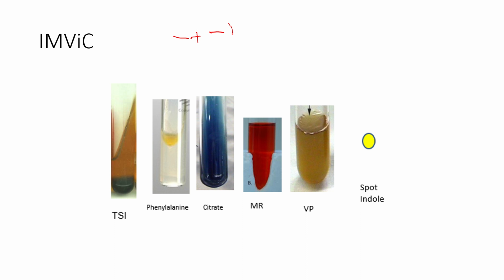So our IMViC score is negative, positive, negative, positive. Our phenylalanine is a negative result. And our TSI is A over A, H2S positive. You can see this black color change here indicates that H2S was produced. So H2S positive for this TSI slant.